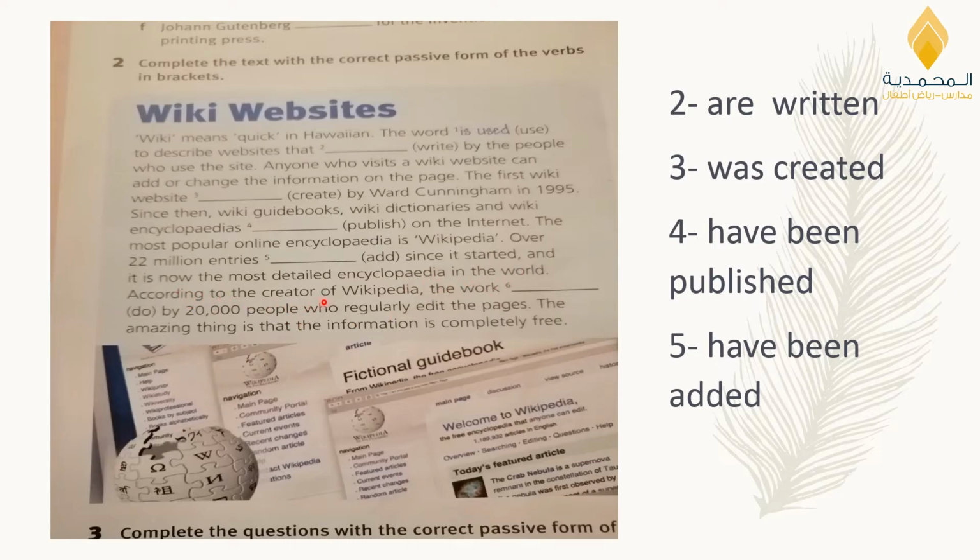According to the creator of Wikipedia, the work is done by 20,000 people who regularly edit the pages. So we have here something that is being done regularly. So we're going to use present simple. So we say is done. The amazing thing is that the information is completely free.